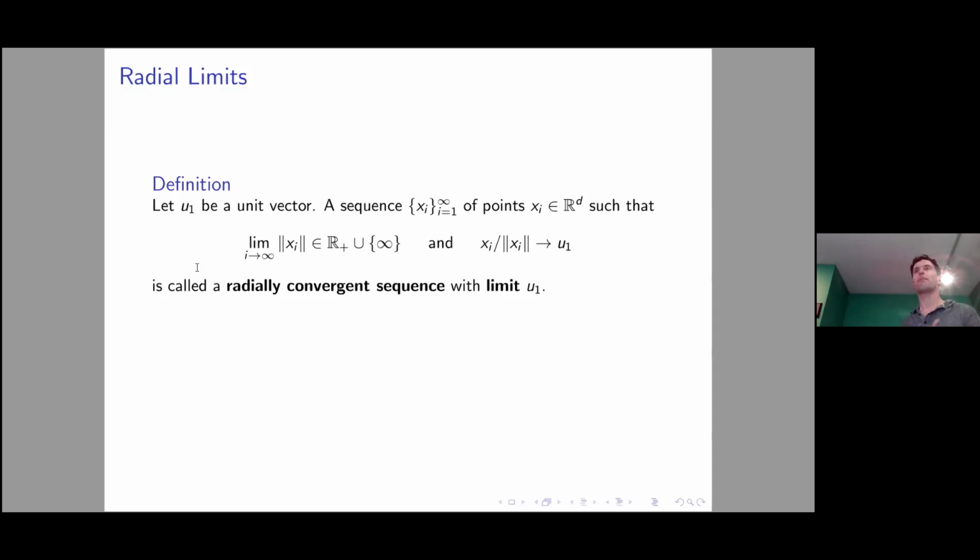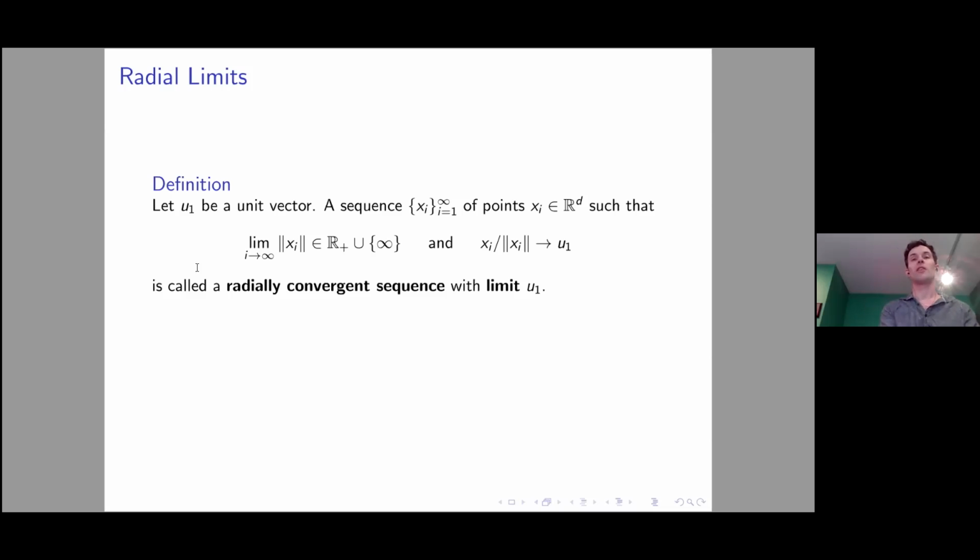It doesn't matter what side of the set. But if we don't have all the lattice points, there might be some directions in which the set has points that tend to infinity, and other directions where it doesn't. So let's make this definition here.